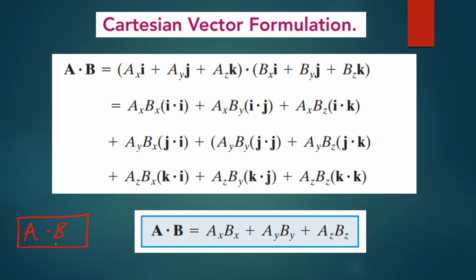So when you find the dot product of two vectors A and B, the answer is going to be a constant.